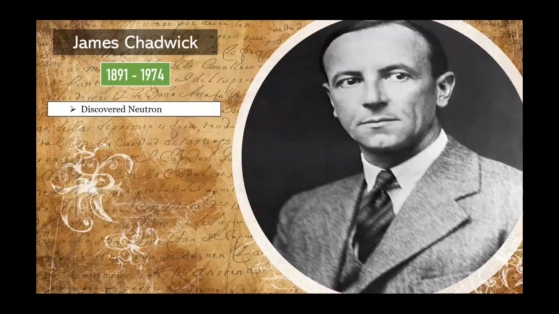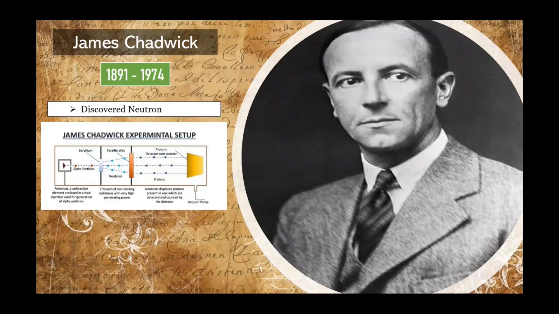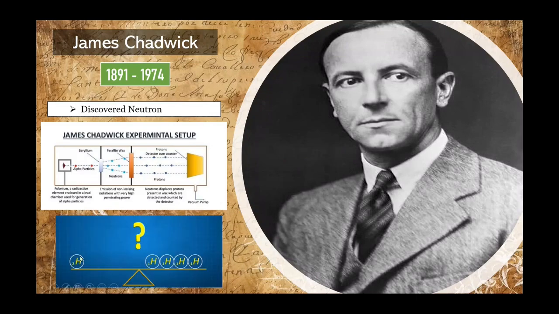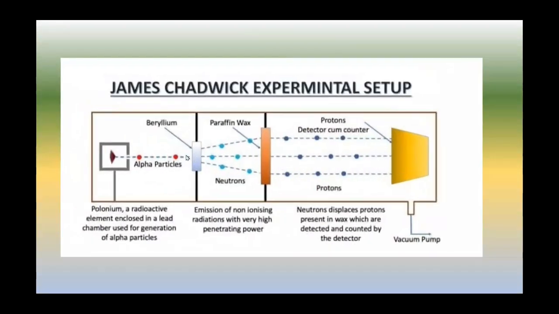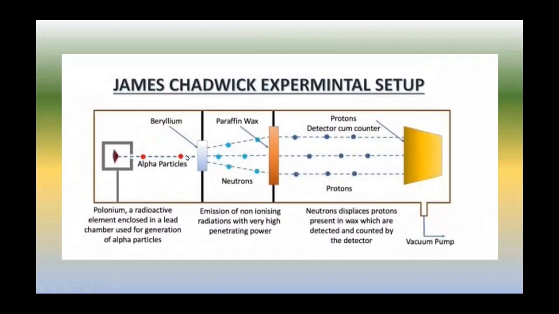So he is the one who discovered the neutron, which is now part of the mass number or the atomic mass of an atom. Okay, so with this, they concluded that the neutron and the proton make up the mass of an atom. So let's have a short discussion about the experiment.